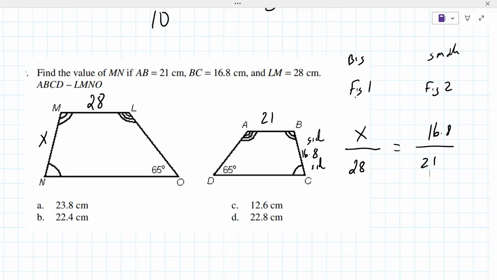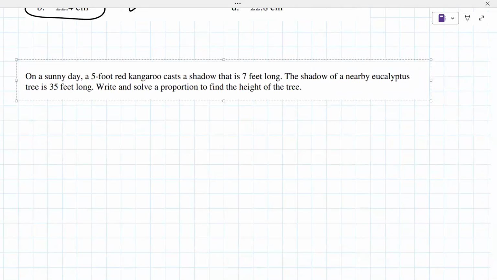22.4. Okay, so here is another problem, free response. Same type though, you've got to set it up and solve it. Your answer should be reasonable.